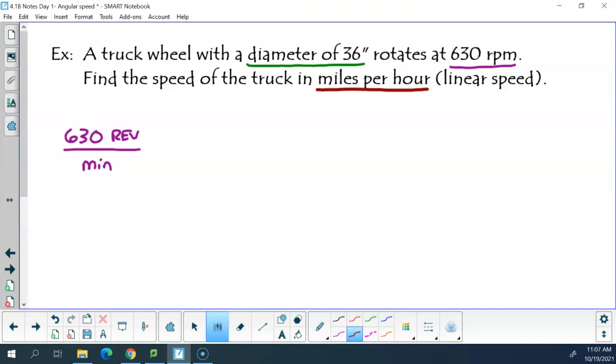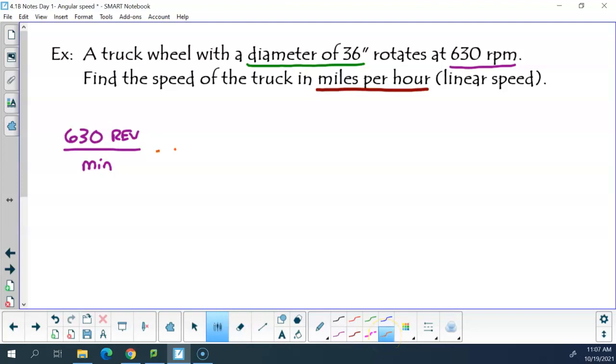First thing, what kind of speed do I have? I've got rotational speed, that's revolutions. So I'm at the top of my speed chart. I want to get to linear, which is three down. So first I have to go to angular speed. I need to change this to an angular type of speed.